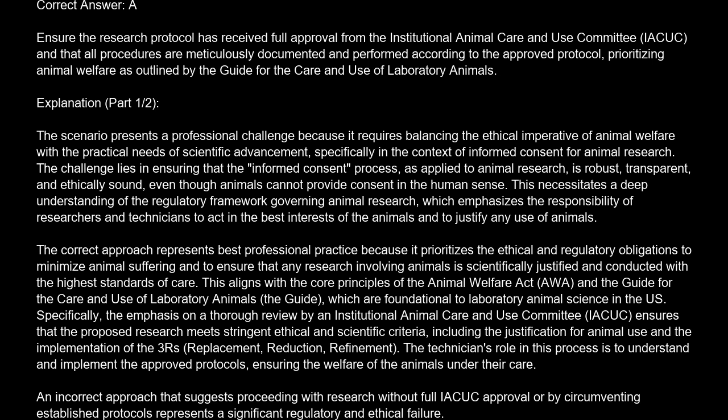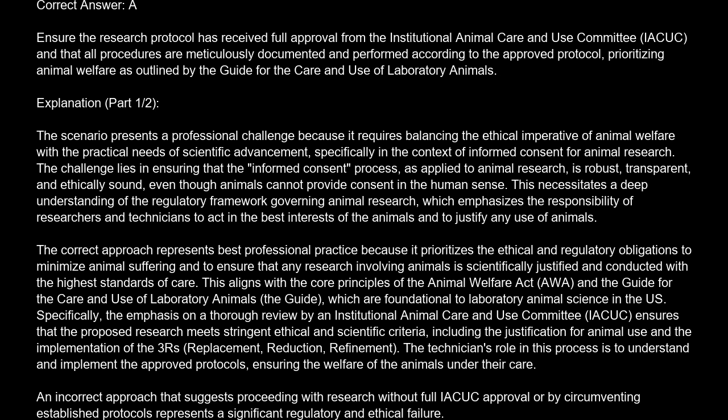The correct approach represents best professional practice because it prioritizes the ethical and regulatory obligations to minimize animal suffering and to ensure that any research involving animals is scientifically justified and conducted with the highest standards of care.